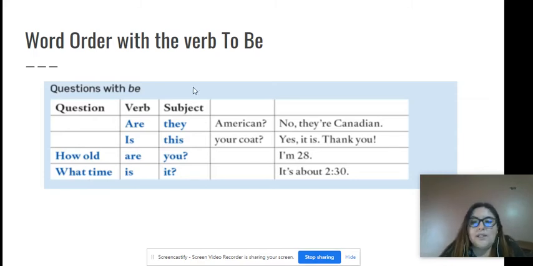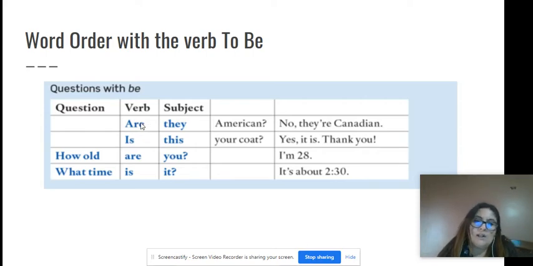As you can see here, if you want to ask a question using the verb to be, this is the logical order that you need to follow. If you are asking a yes/no question, you have to start with the verb to be, are or is, then the subject corresponding to the previous form of the verb that you used.